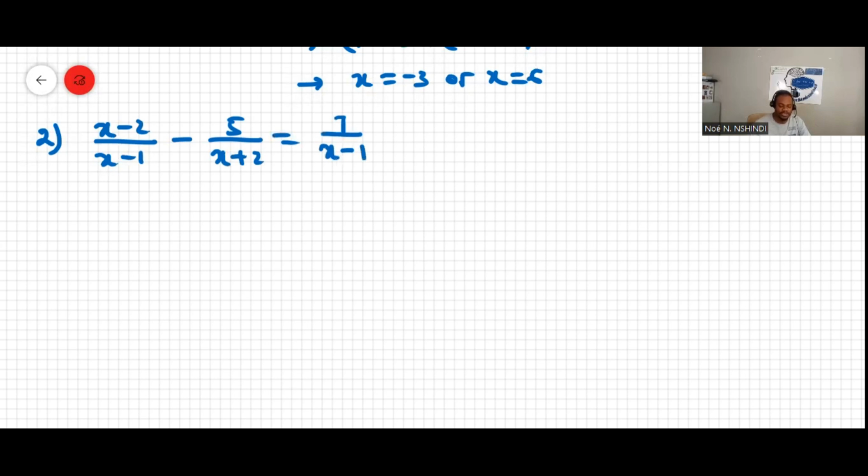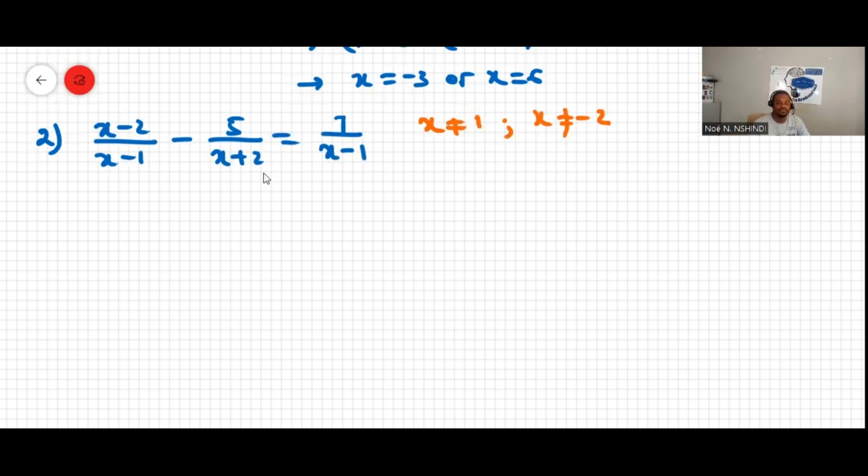The restriction here must be x cannot be 1, and x cannot be negative 2, because if it's 1, the denominator is going to be 0. The denominator cannot be 0. And if it's negative 2, this also will be 0. So that's the restriction now.